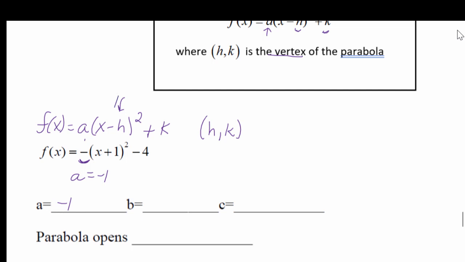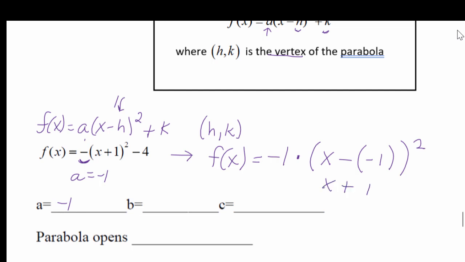So we need to kind of rewrite this. Notice how in the vertex form we have x minus h, and here we have x plus 1. So I'm going to rewrite this. It's going to be f of x, that negative sign becomes a negative 1, just so that you can see. And then this x minus, I'm going to take the opposite here. I had an x plus 1, and I'm rewriting it as x subtract a negative 1, and then I had a minus 4, which is supposed to be plus my k, so plus a negative 4.